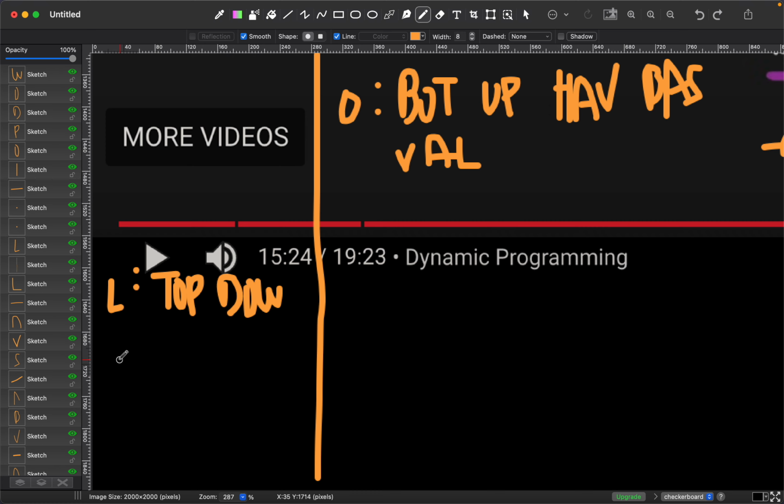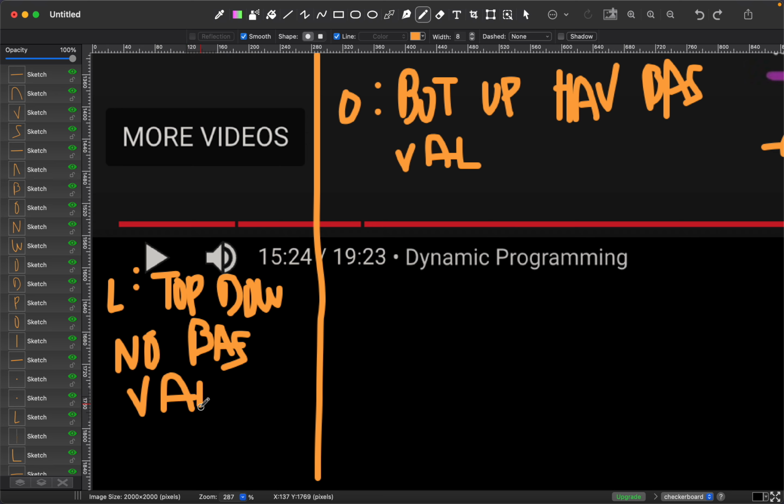What are you going to get? You have no base value, and if you have no base value, you can't start doing memorization. But if you start from bottom up, you have a base value and you can do some memorization, and that's going to solve some parts of the problem.